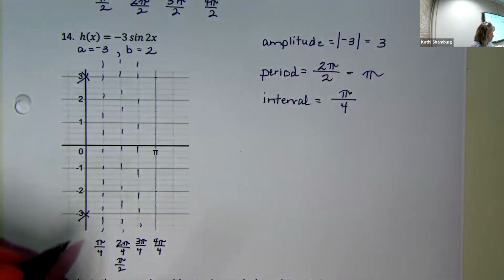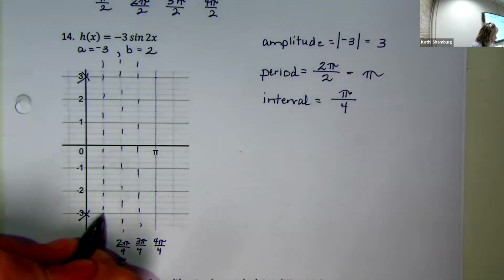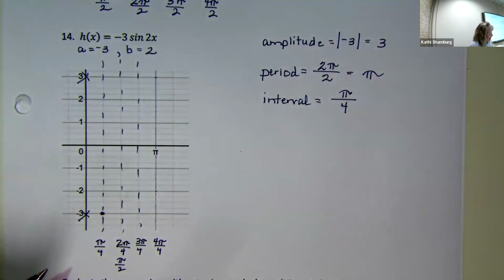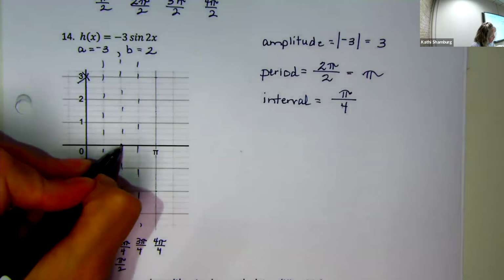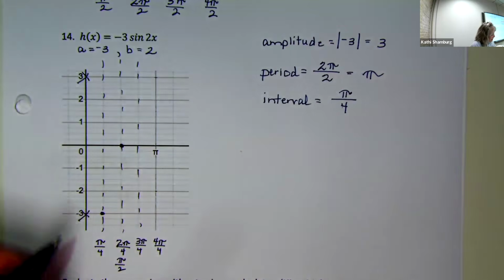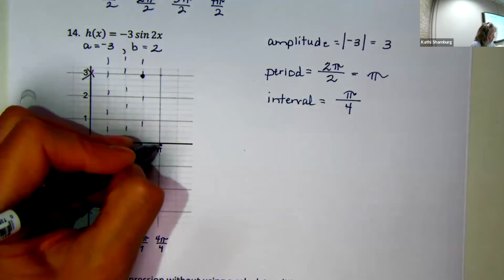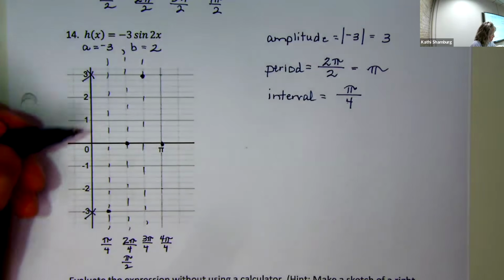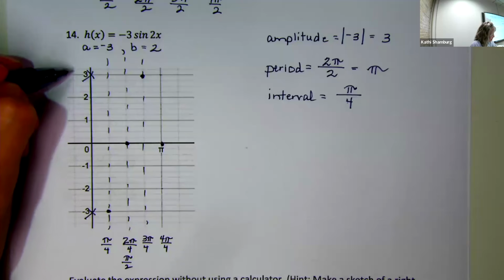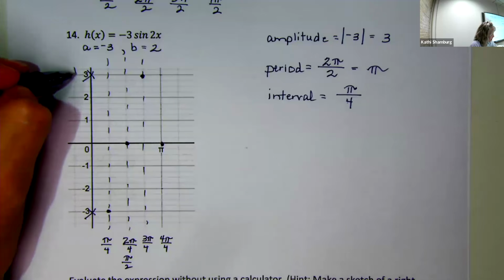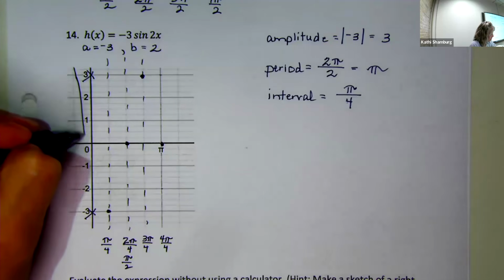All right, so we know it's going to go down to 3 first, and then it's going to hit pi over 2, and then it's going to come up to 3 here, and then here. So I am not very good at this, but I'm going to try my best.